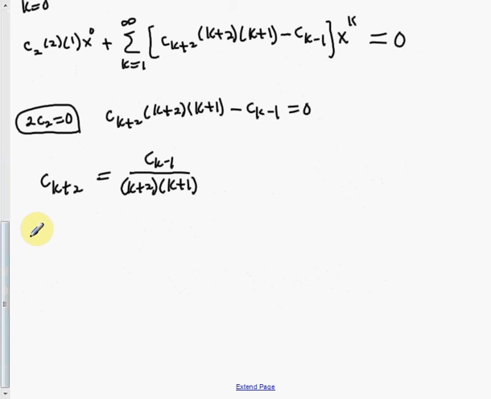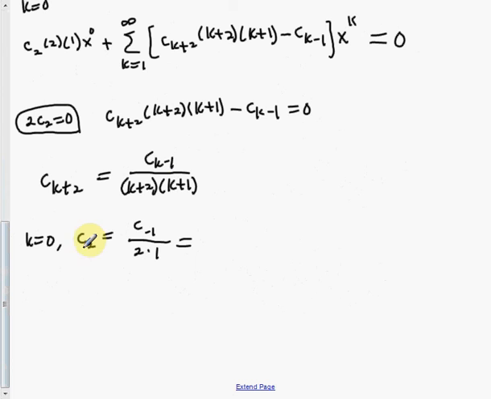So we start, let k equal to 0. Let's see what we get. We get c sub 2 is equal to, look at this. This is c sub negative 1. I don't know what that is, right? So this is k is 2, so this is 0 plus 2 times 1. I don't know what all this is, but I know what this guy is, right?